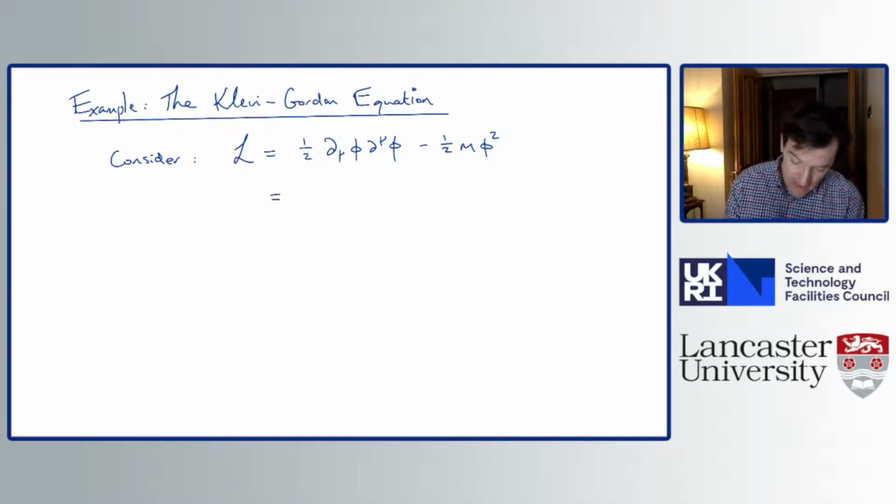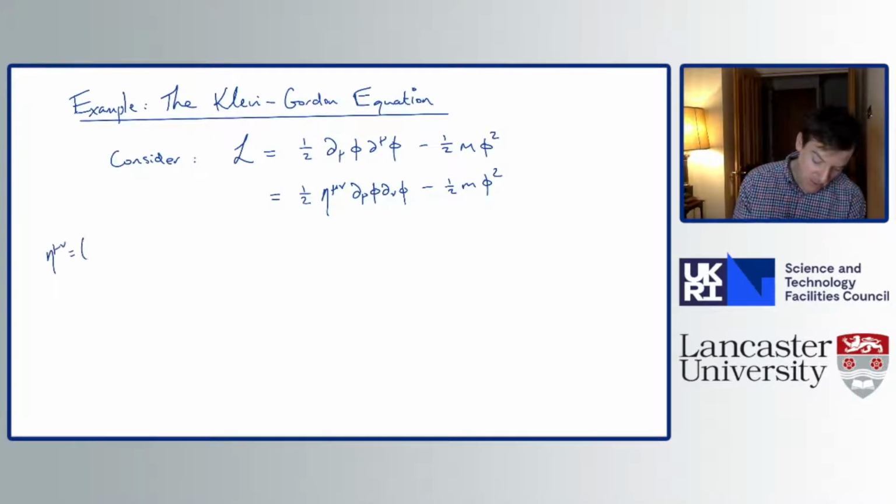Let's manipulate this in a couple of ways, which will be useful later on. We can write this as a half, and we can use our metric eta nu mu, which just has 1, minus 1, minus 1, minus 1 along the diagonals. We'll write it with only lower indices on the derivatives. If we put in the fact that this is 1, minus 1, minus 1, minus 1 along the diagonals, we'll get a half the time derivative of the field squared.